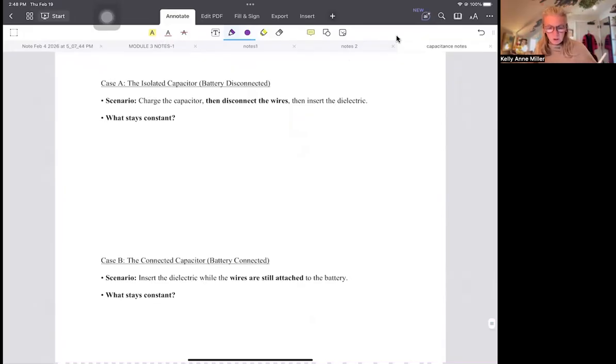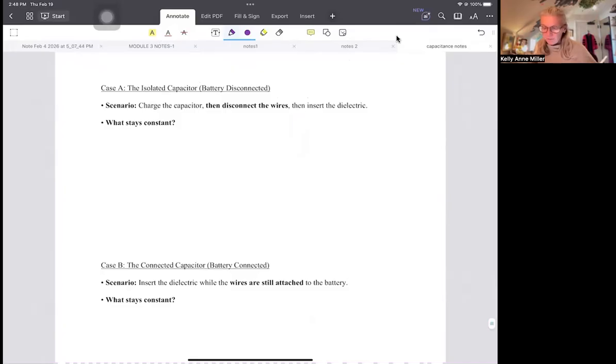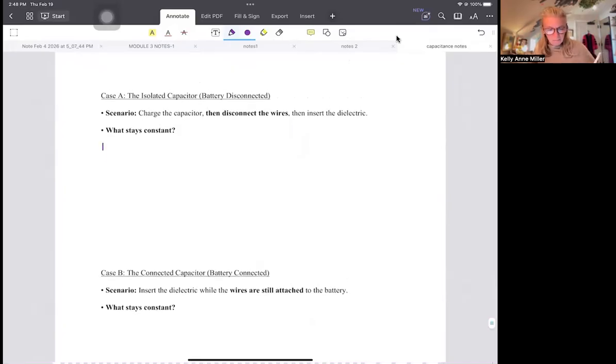Okay, so let me draw it actually for you. So step one, I connect the capacitor to a battery. I get charge buildup on the two plates. Okay, so I get a positive Q on the positive plate and a negative Q on the negative plate.